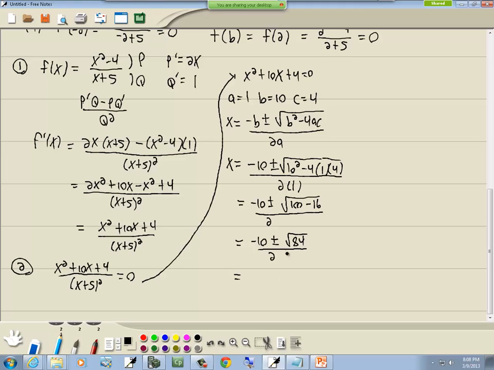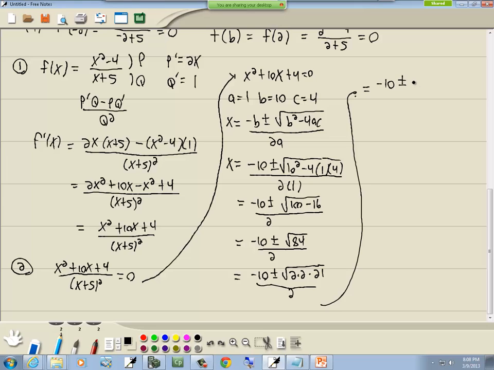And this factors a little bit. I'm not sure how much exactly, but definitely a 4 comes out. 84 is 2 times 2 times 21. 21 is just 3 times 7, so I don't have to break that apart or anything. Over 2. Which gives us negative 10 plus or minus.